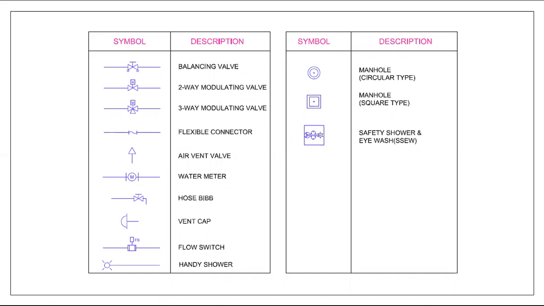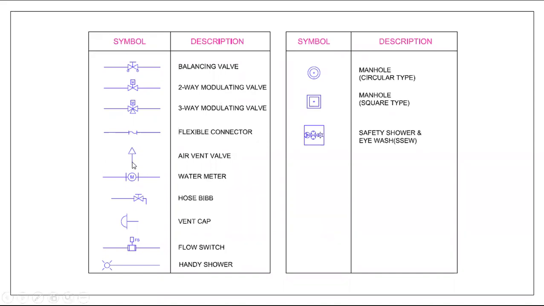While crossing the expansion joint, you have to give a flexible connector in between both pipes. Suppose the building expands by some 50 mm due to climate change; our pipe will also expand. For that reason, you have to give a flexible connector at the expansion joint for our pipe.